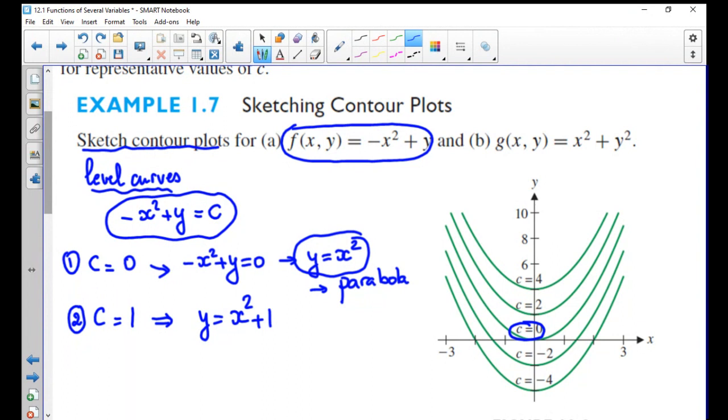Which is still a parabola. It's like x squared, but pushed up by 1 unit. It's not drawn, but same thing.